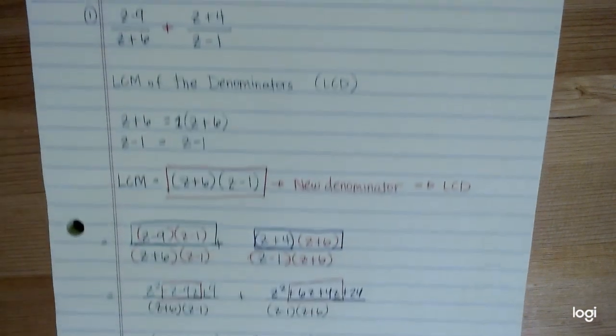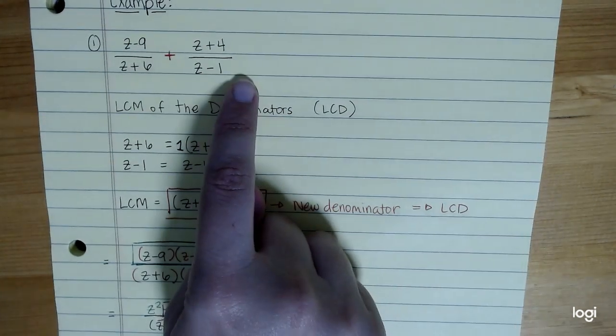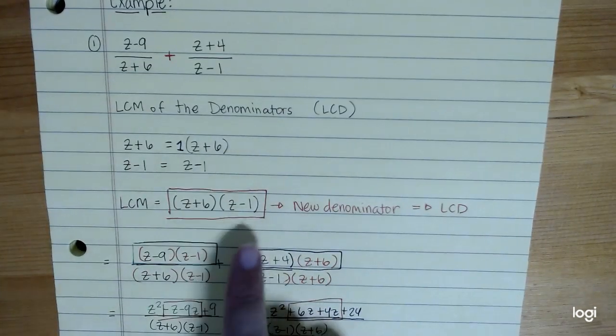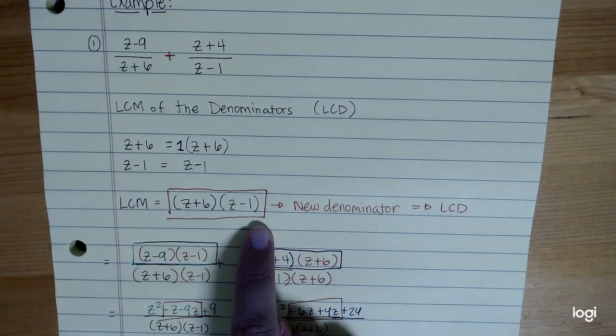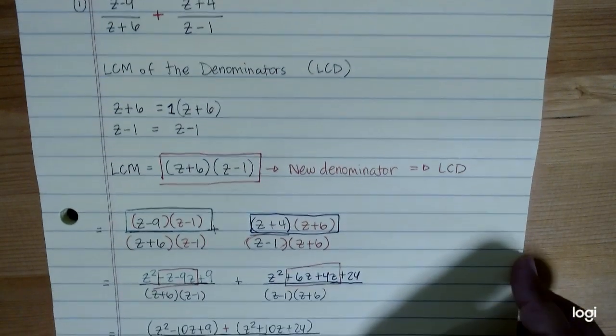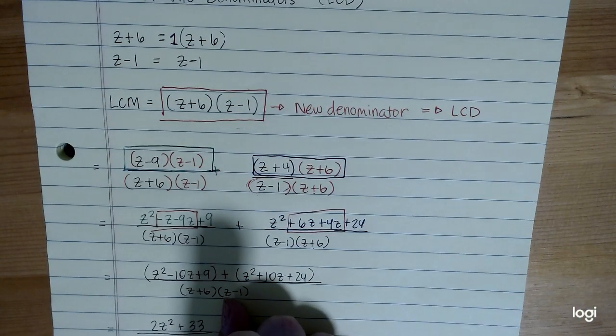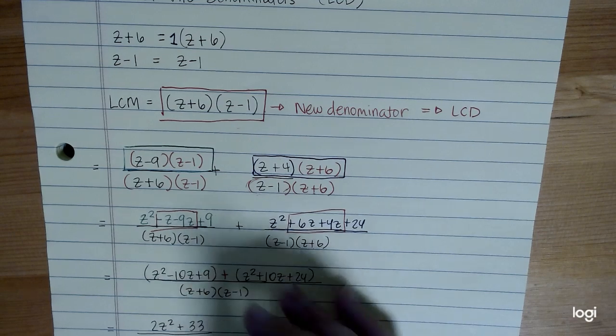But in this case, we couldn't change this denominator into this one or this denominator into this one. So we had to create an entirely new denominator, which we called the LCD there. So sometimes you do have to create an entirely new denominator in order to proceed.